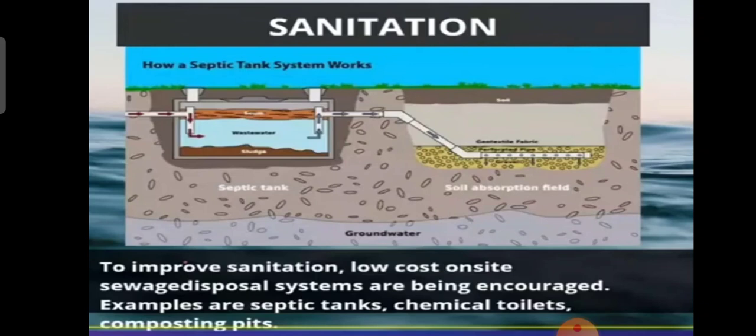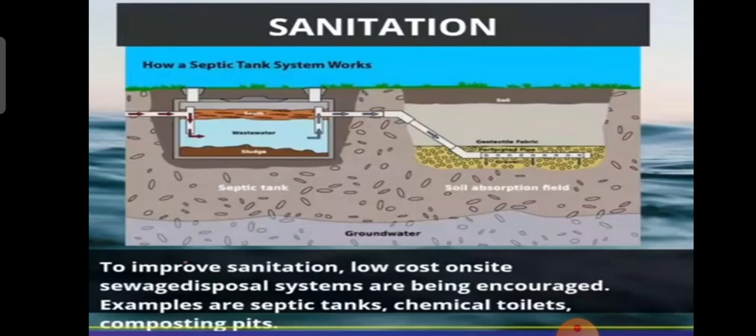And it is very important to maintain hygienic or sanitary conditions to have a disease-free environment. Okay? You know that a large number of people in India do not have access to proper toilets and defecate in the open near the railway tracks, fields or river beds. This untreated excreta makes its way to the water bodies and contaminates the groundwater. This makes the water unfit for drinking.